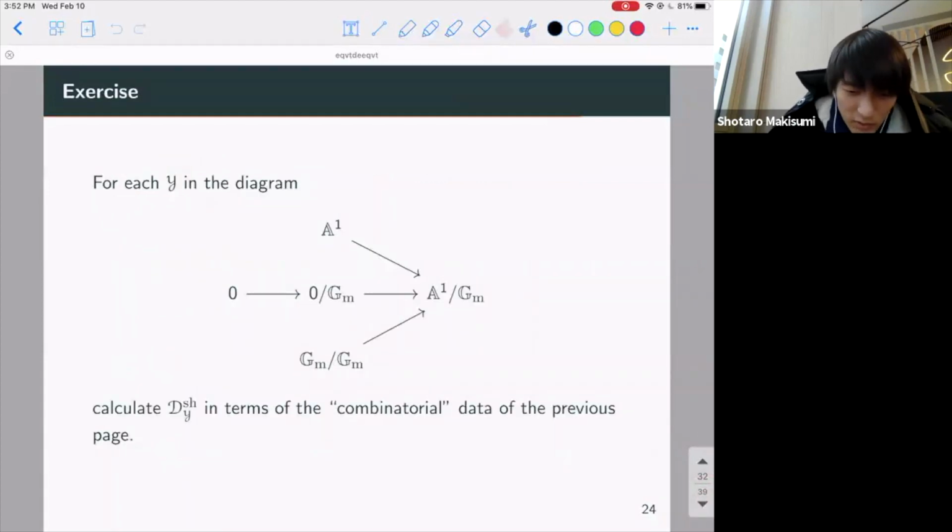And Jordy tells me it's a worthwhile exercise, and I unfortunately haven't had the time to work this out. But in terms of the data of the previous slide, you can try to work out what this category is for y in this diagram.